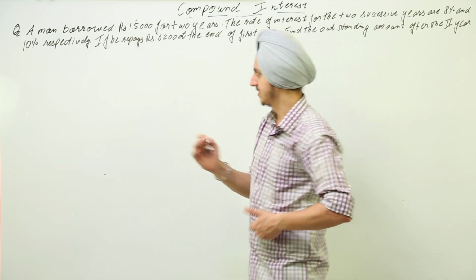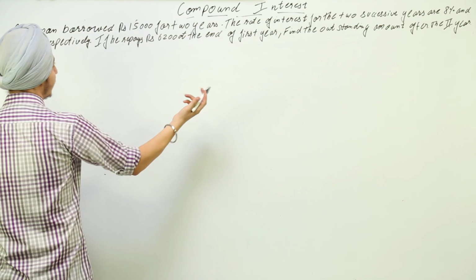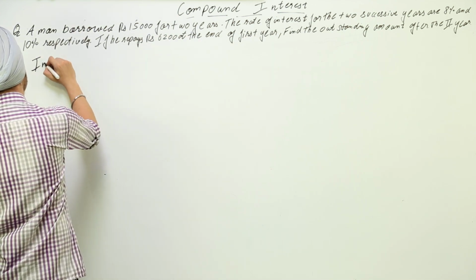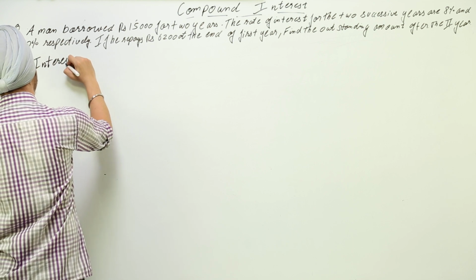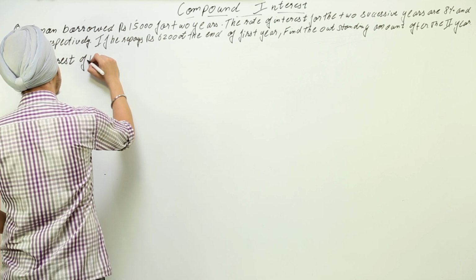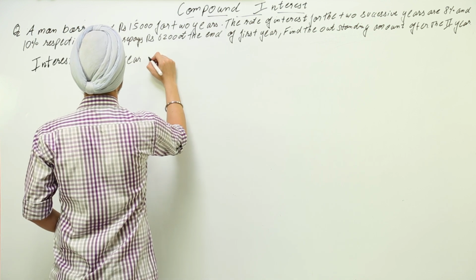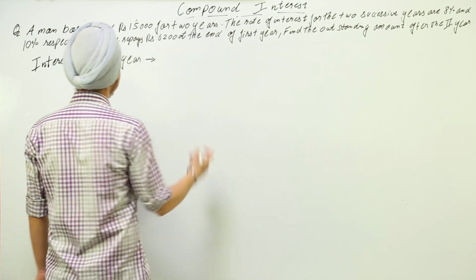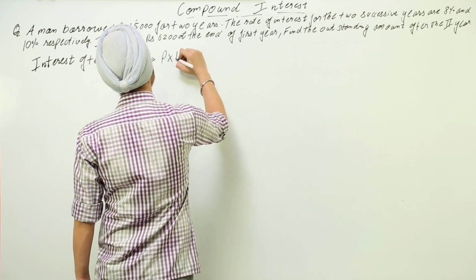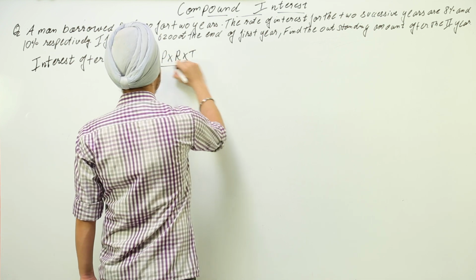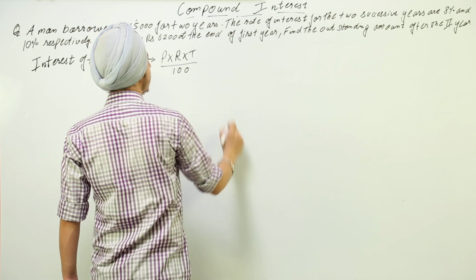Now let's see what happens. We first calculate the interest after first year, which is equal to P into R into T upon 100.